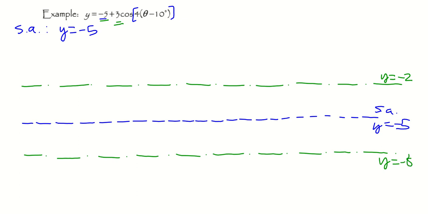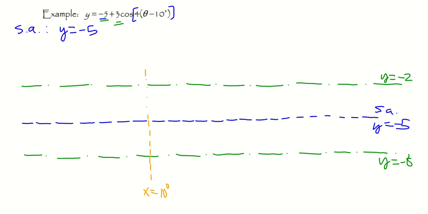The next thing I'm going to do is mark my phase displacement with a vertical dashed line. So I'm going to come in here about 1/3 of the way in on my paper, so I've got room to do 3 cycles. That's going to be at x equals 10 degrees. Our phase displacement was 10 degrees to the right.